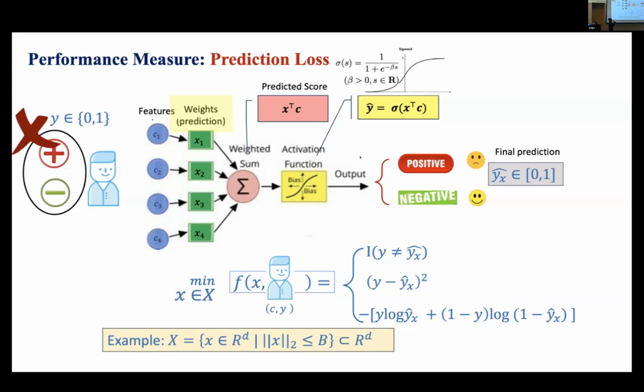So I can try to fit this predictor x in some decision space. Throughout the talk, we will assume that the decision space is some bounded space, where the L2 norm is bounded by B. So this is just some abstract decision space. If it is a linear predictor, we can assume that the decision space is all the vectors in R^D which have L2 bound B. But you can assume your favorite decision space.